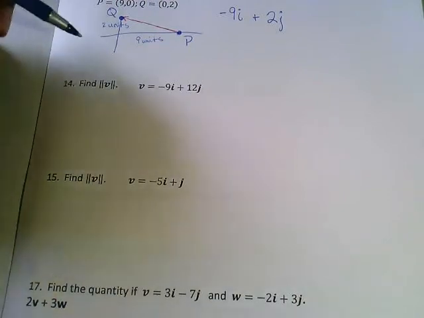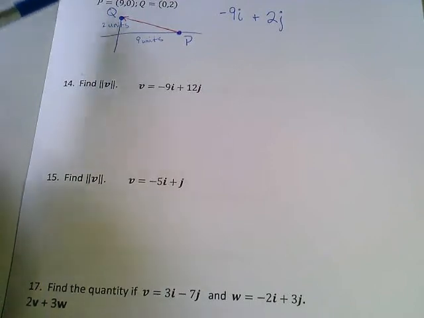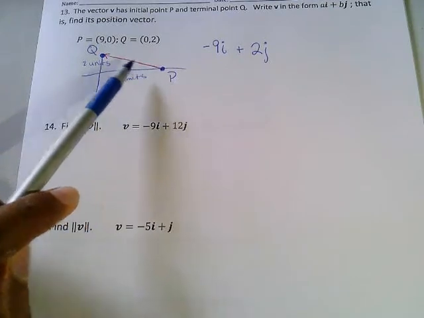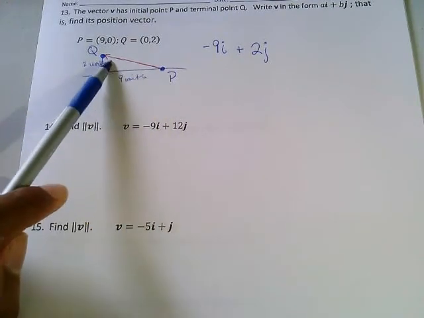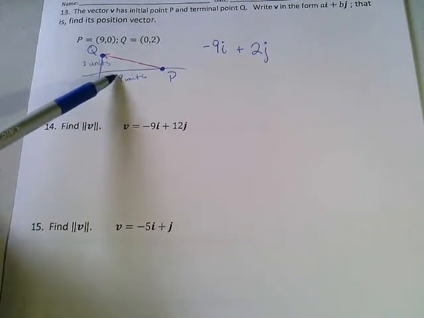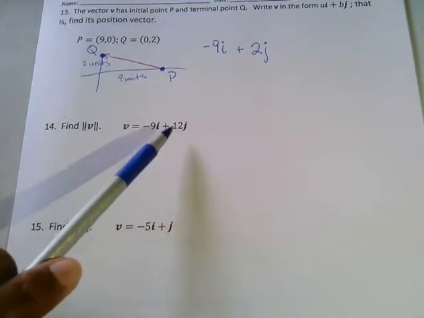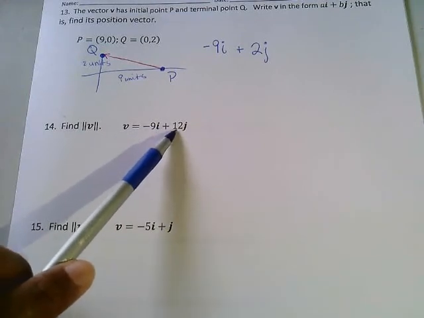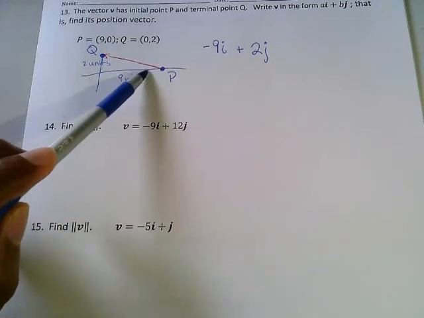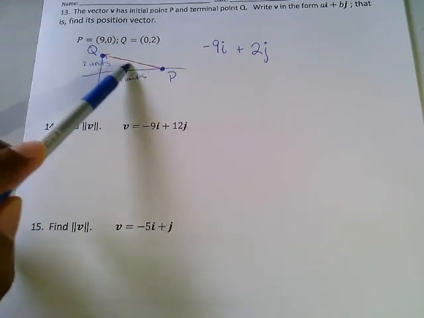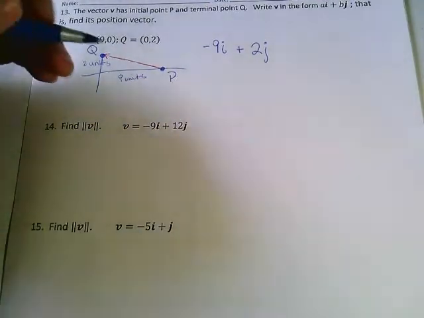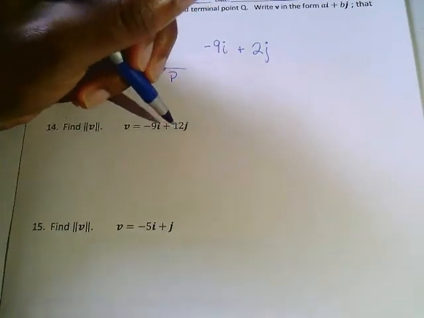In the earlier problems, we had the points, and we could draw the points and then create the arrow and then just break it down into its components. Now we're given our components, and we can use that to draw an arrow, and then we can figure out the direction and the magnitude of our vector based on the components. So this is negative 9i plus 12j.